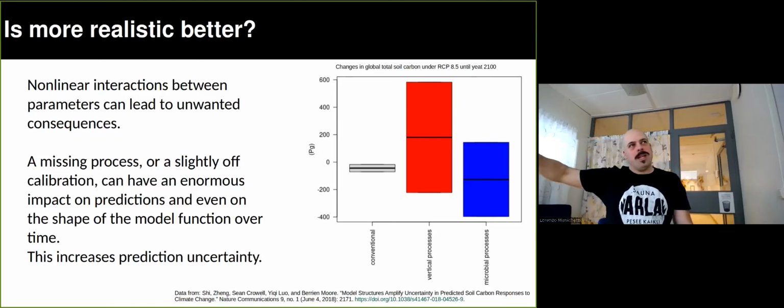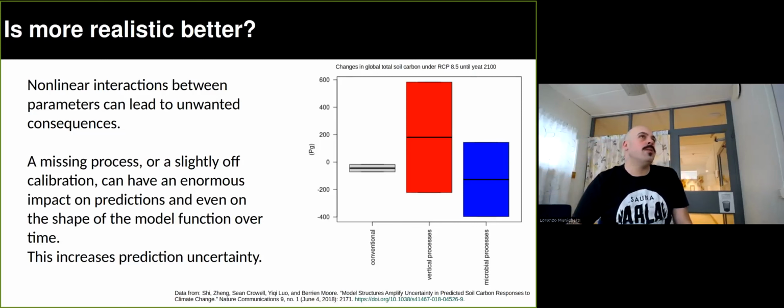But then when you extrapolate, their behavior can vary enormously. Here you can see in a study the variance of the prediction from conventional theory, and this is what happens if you add nonlinearities in vertical processes or in microbial processes.